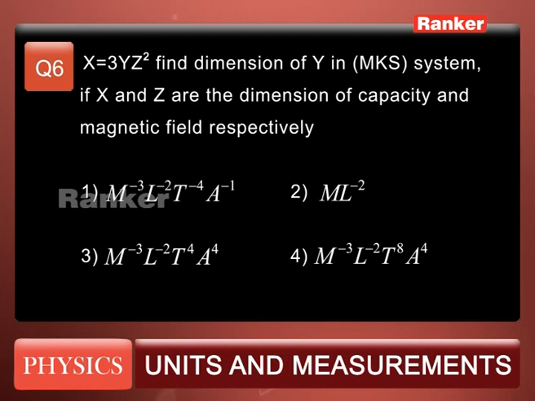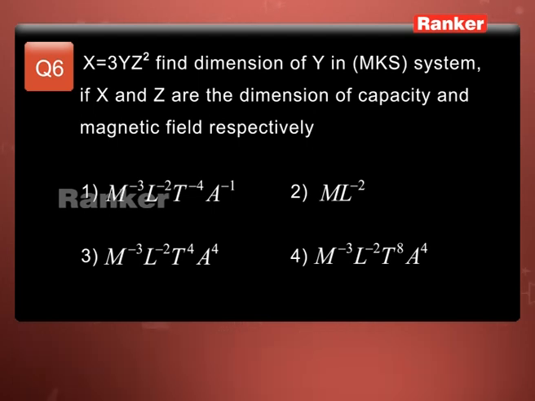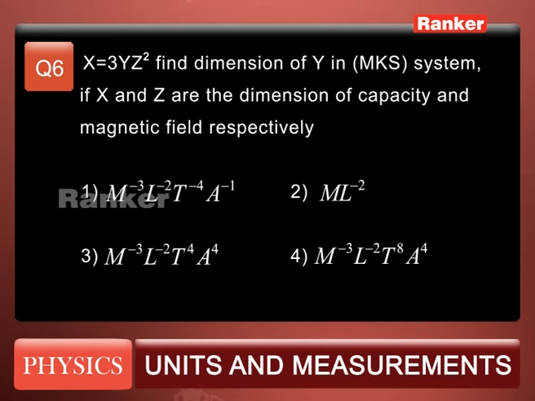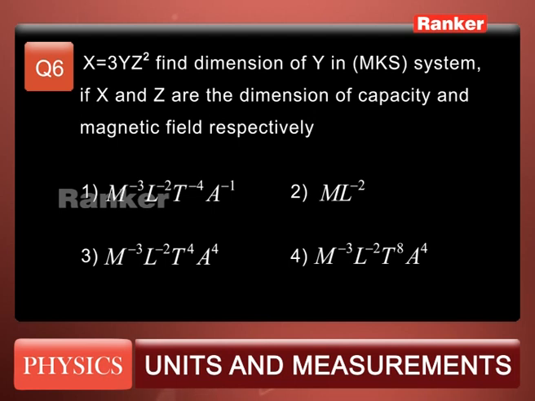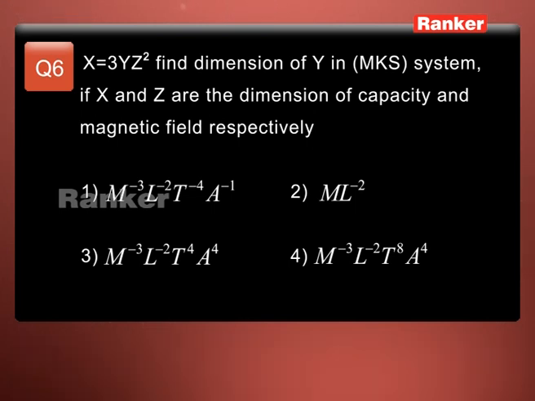The first option is M minus 3, L minus 2, T minus 4 and A minus 1, while option 2 is M L minus 2. Option 3 is M minus 3, L minus 2, T to the power 4, A to the power 4, and option 4 is M minus 3, L minus 2, T to the power 8, A to the power 4.